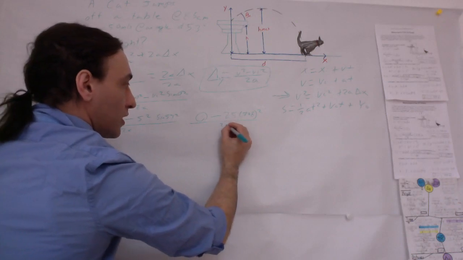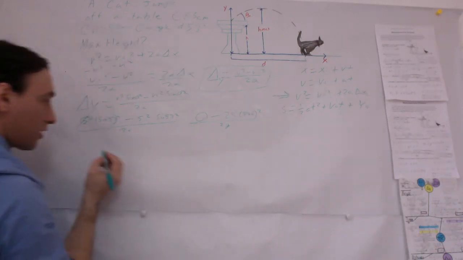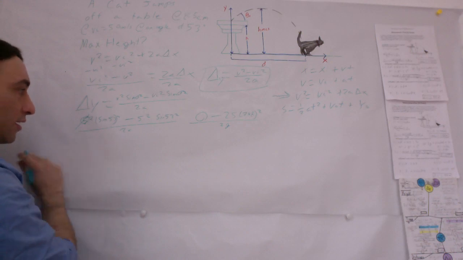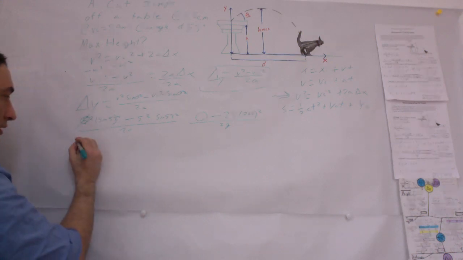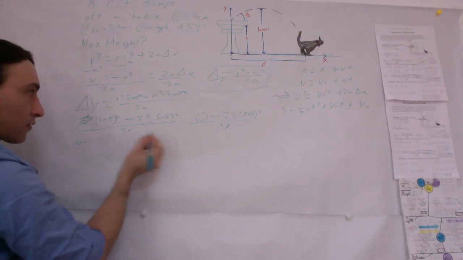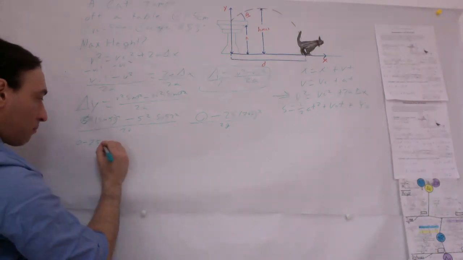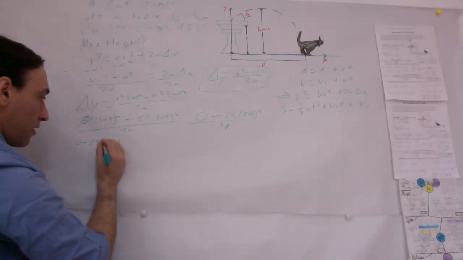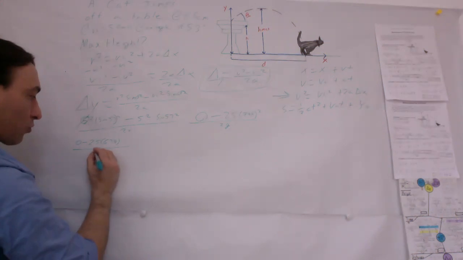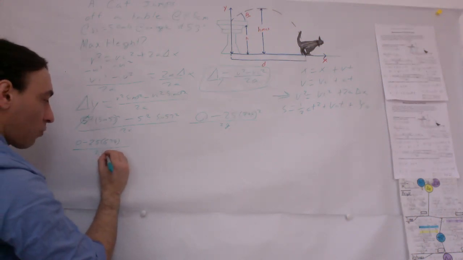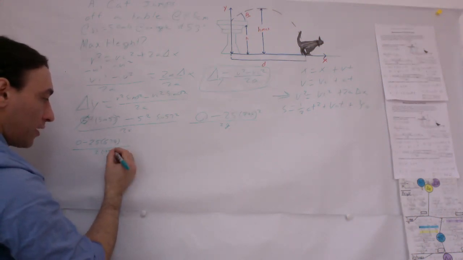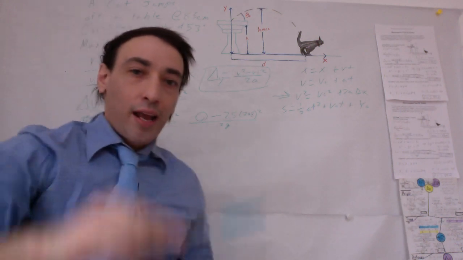2a is 2g, which in reality, you're going to have 0 minus 25 times 0.638, because the sin 53 had to be squared, over 2g. And you guys know the value for gravity is going to be 9.81.